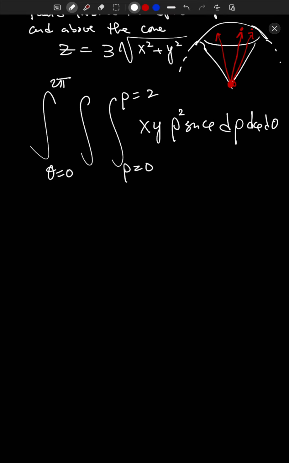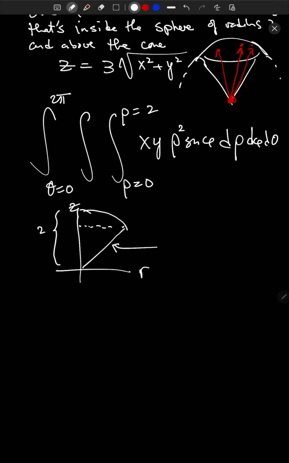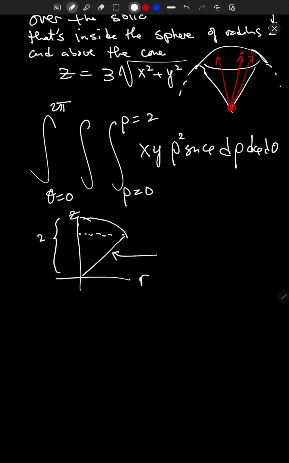Well, if I just draw this ice cream cone in terms of, let's say, r and z, or we can just use x, but maybe r is a little more precise here, then the ice cream cone is going to look something like this. Okay, this is a sphere of radius 2. And this guy here is, well, z equals 3 square root of r squared. So this is z equals 3r.